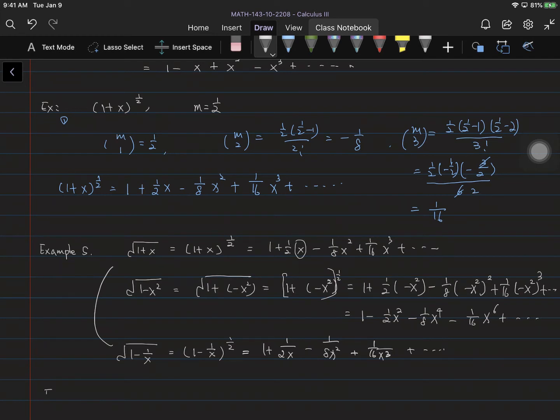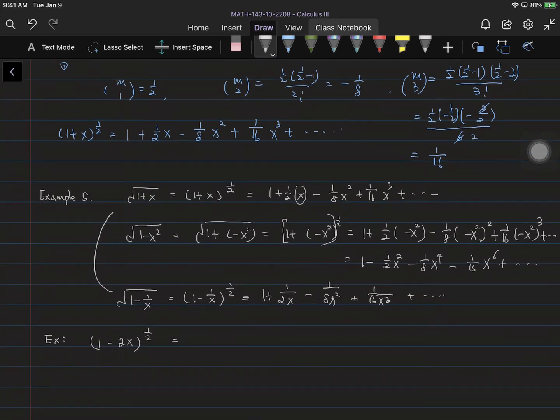And if we try the exercise, (1 minus 2x) to the 1/2 power, you can try. Here, let me give you the solution. It's going to be 1 plus, should be minus, right? Minus 1/2 times 2x. Change all of them into negative 2x.